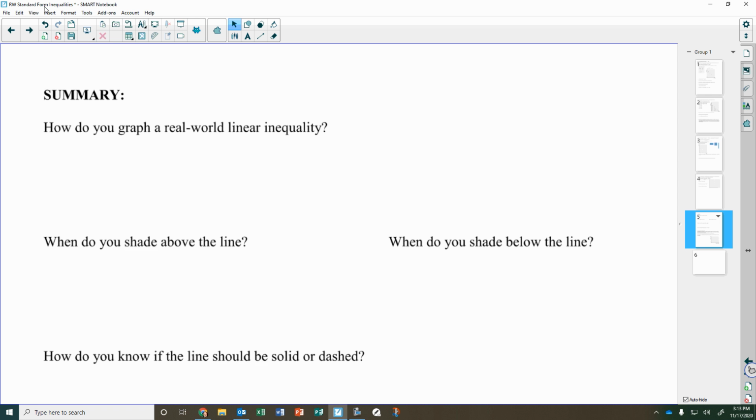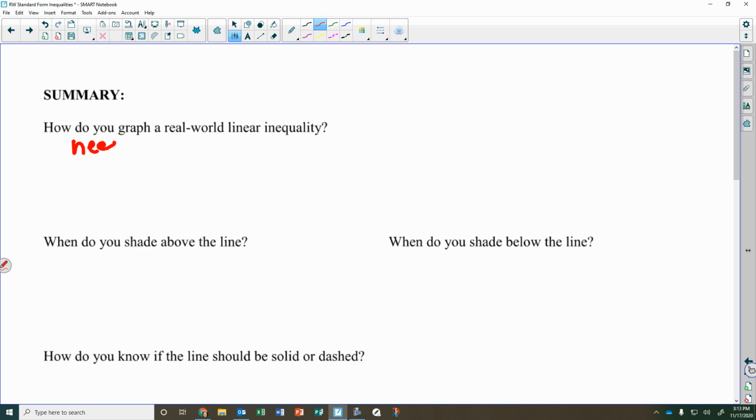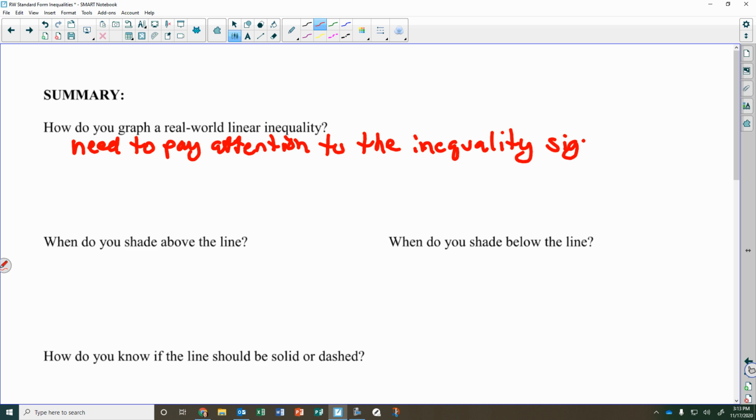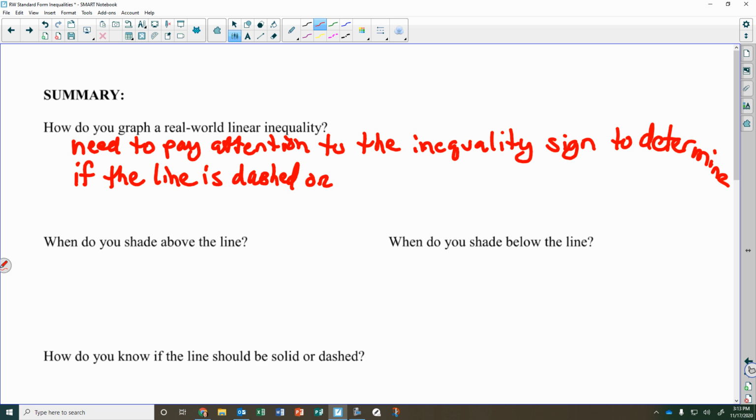So it says, how do you graph a real-world inequality? You need to pay attention to the inequality sign to determine if the line is dashed or solid.